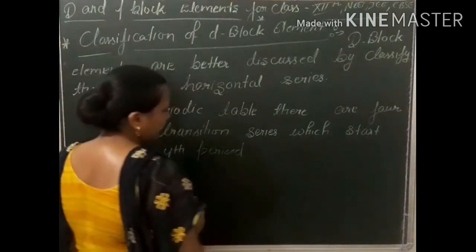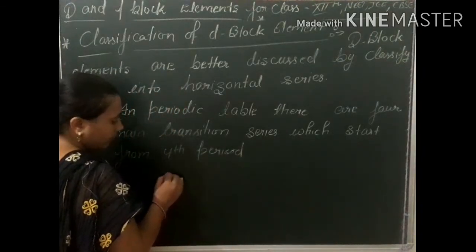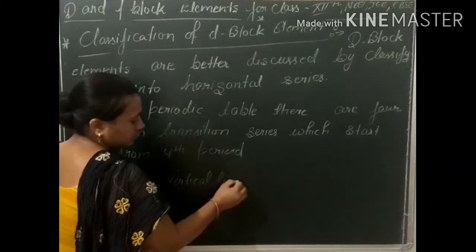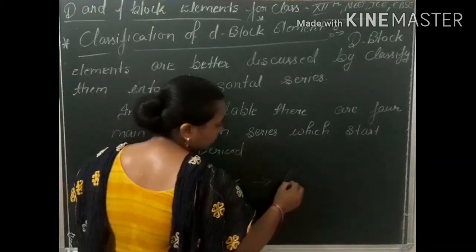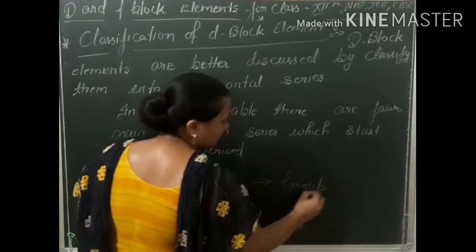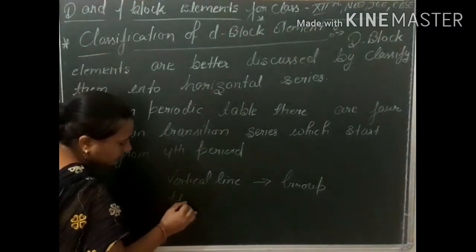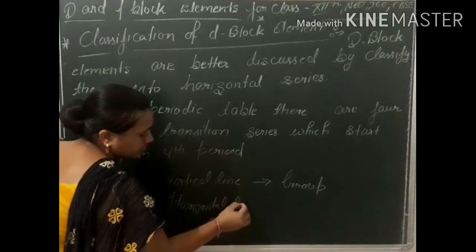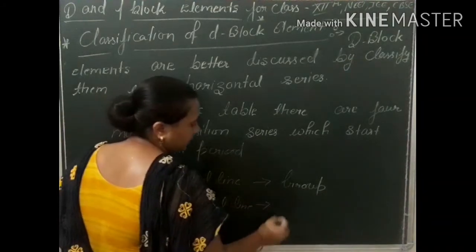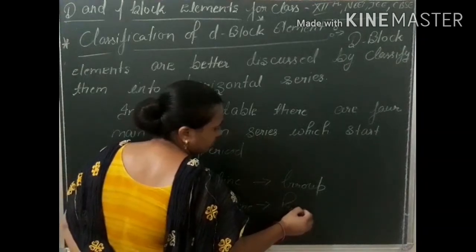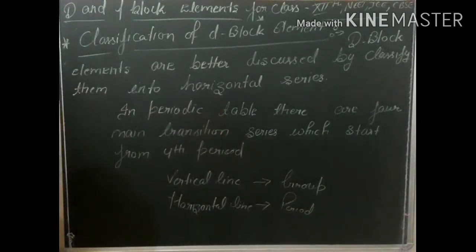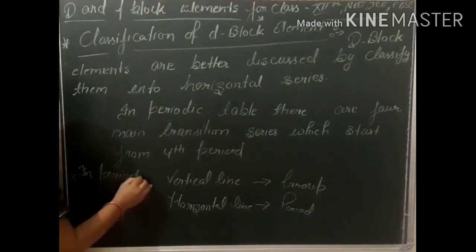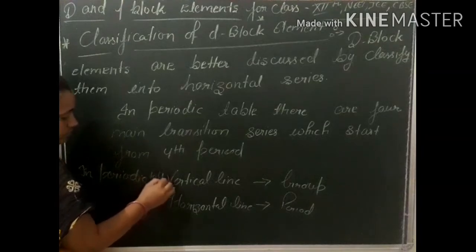Now what is a period? In the periodic table, the vertical line is called a group and the horizontal line is a period.